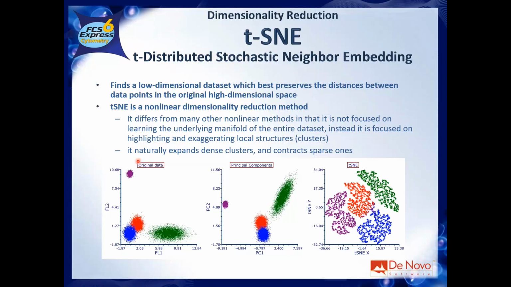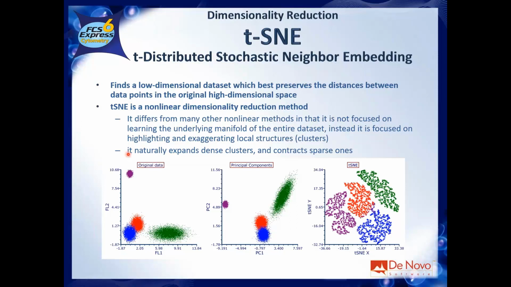For example, here you have a dataset, FL1 against FL2. If you run principal component, again, we didn't deal with principal component, but you can clearly appreciate that distances are maintained, and also the overall structure of your population is maintained.